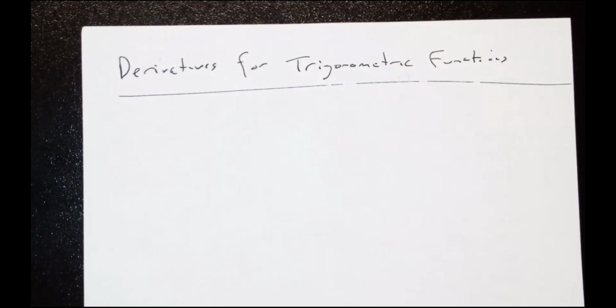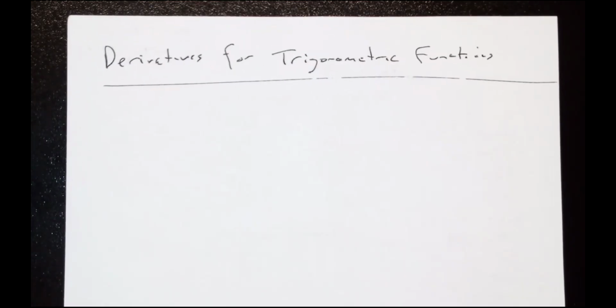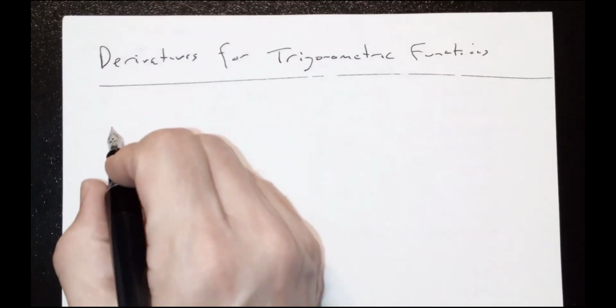Okay. Again, my goal is to expand the types of functions we can do derivatives on. With that in mind, let's add trig functions to our pile. Let's start with something easy.